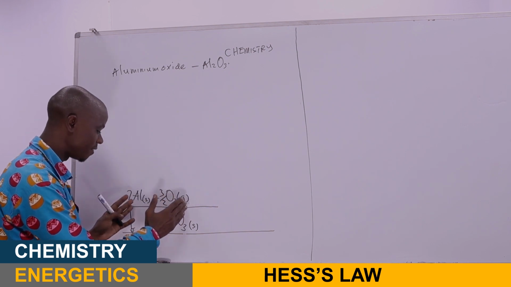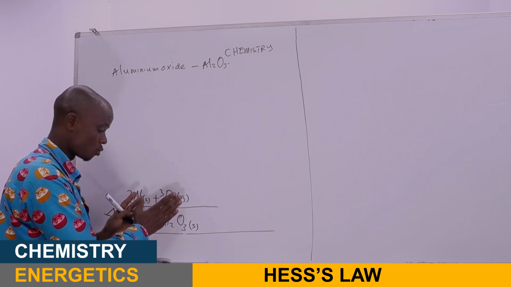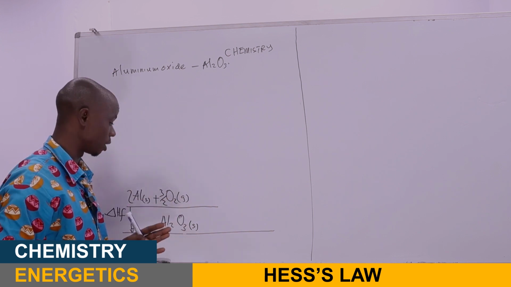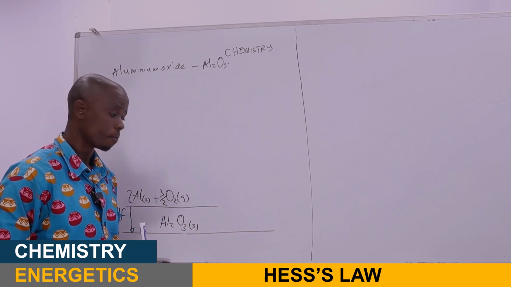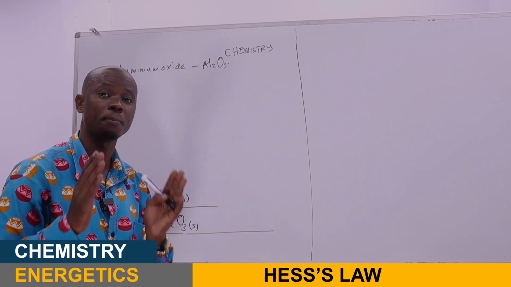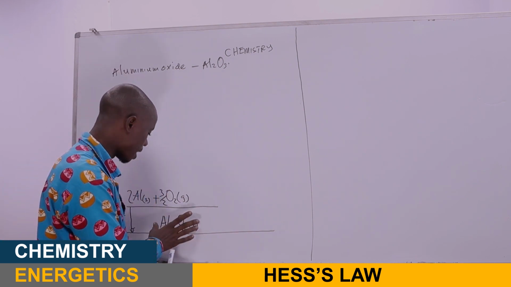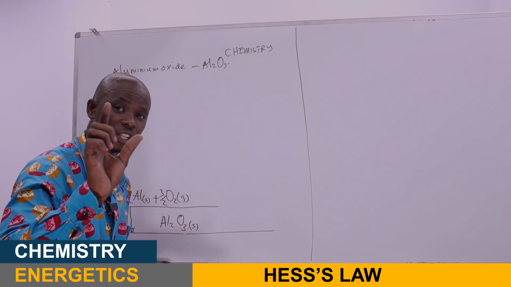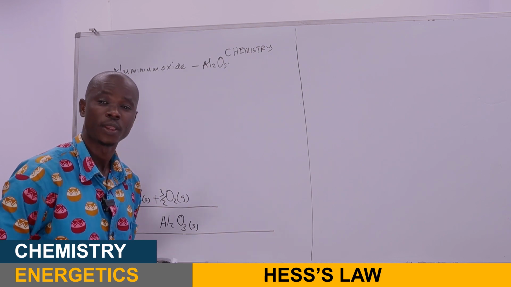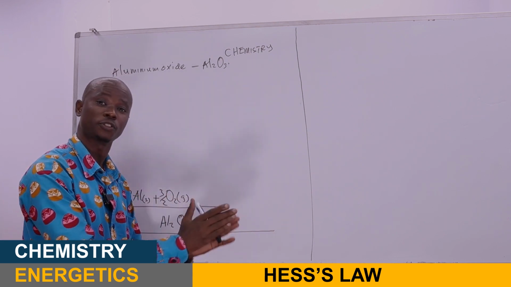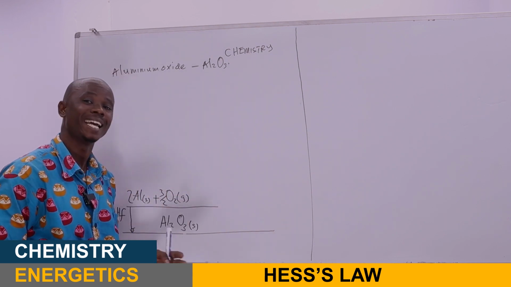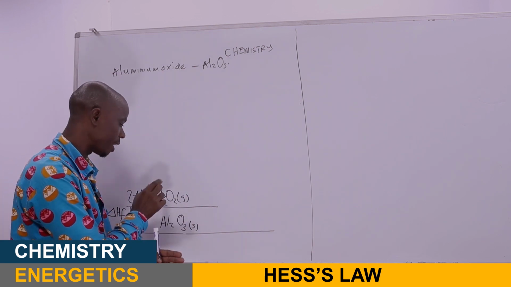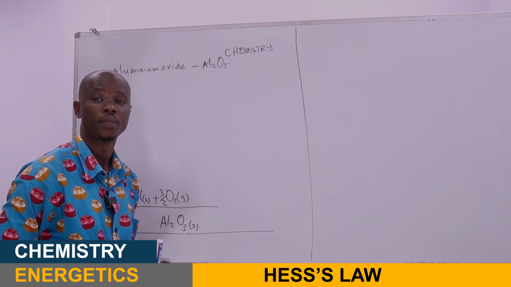Now, after we have given the elements which make this compound and the compound as well, the next step, because there you have the metal and the non-metal. Now, this is an ionic compound. You have to get the cation and the anion. The cation from the metal, that is aluminum, and the anion from the non-metal, that is oxygen.